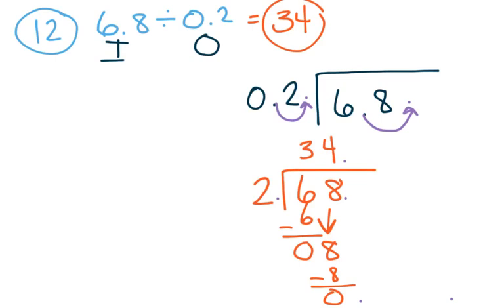Now, you'll notice that your answer is bigger than either one of the numbers you started with. That's because you're dividing the pieces into something less than 1. So there's going to be more than you started with. You're dividing each piece into small pieces. Okay?